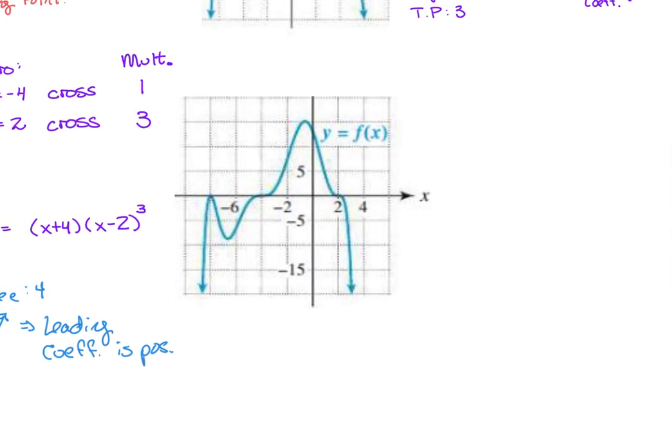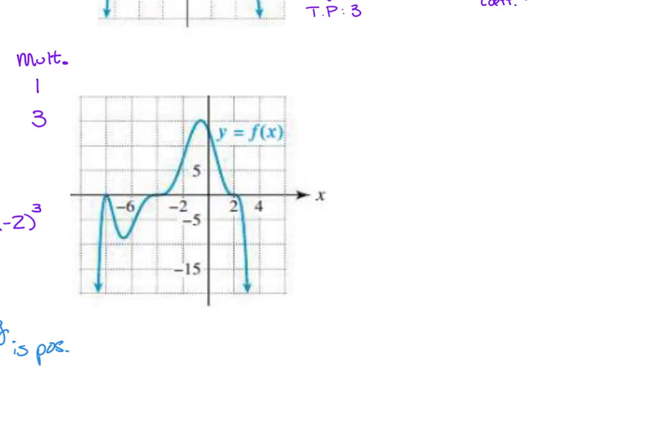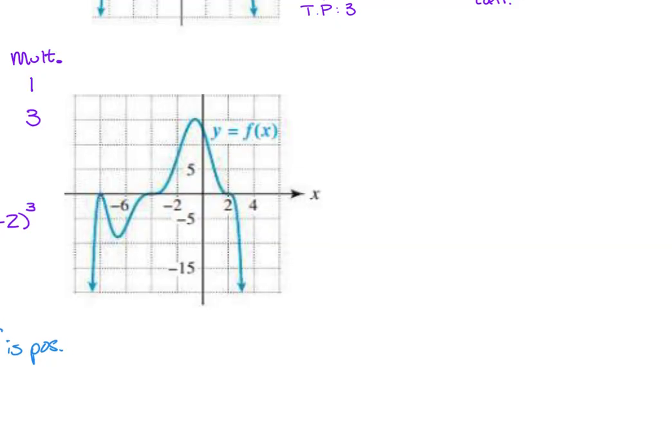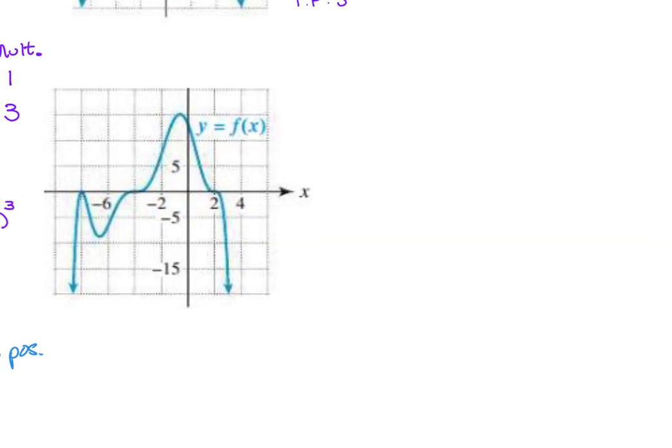All right, we are on our last example. This one's going to be kind of the most complicated, but let's talk through it. We want to start by finding our x-intercepts. Our axes, our tick marks are increasing by 2.